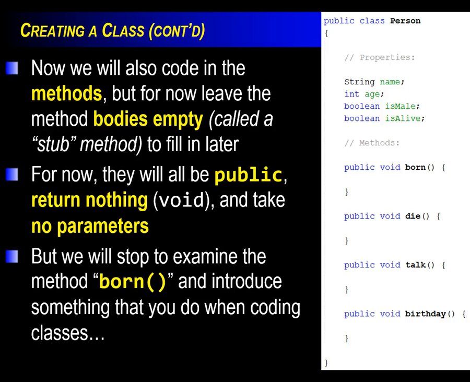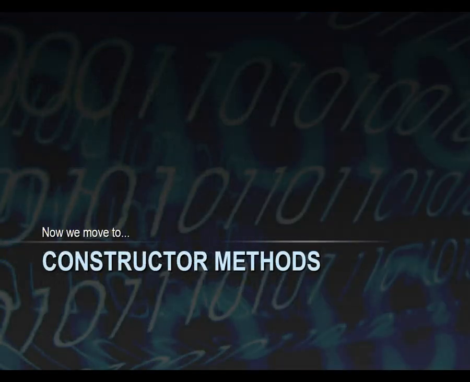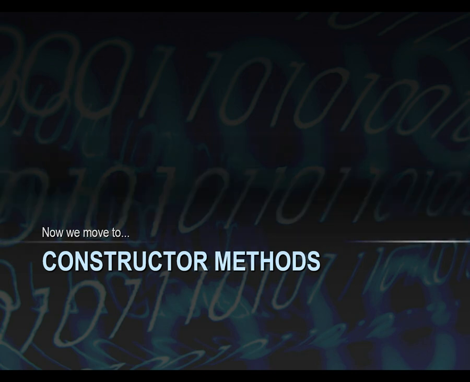And the thing about classes is they usually have a method that does this automatically. It's a special method that is used when you create a class, or specifically an object. And it's called a constructor method. That's the name of this type of method. It's the method that is used when you construct an object. So that's why it's called a constructor method.